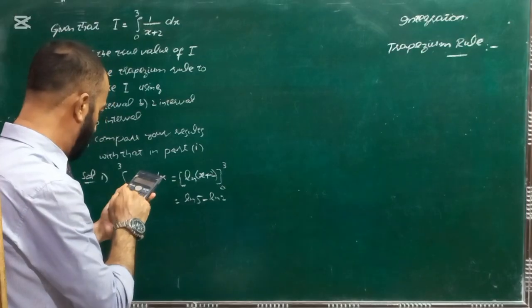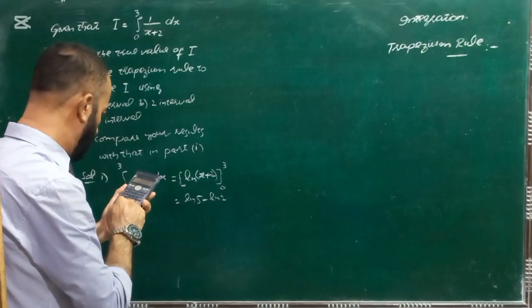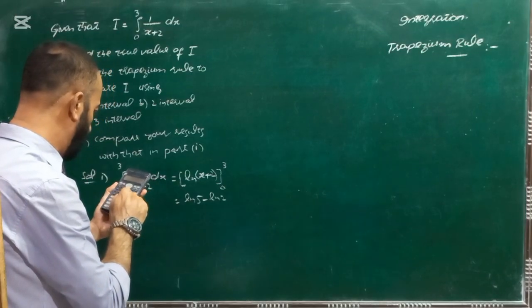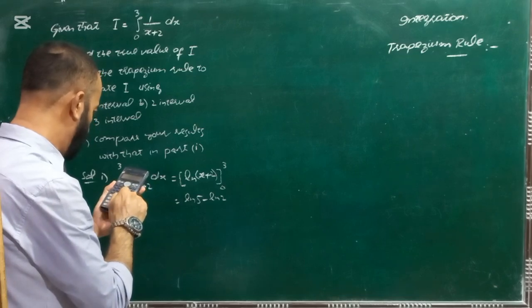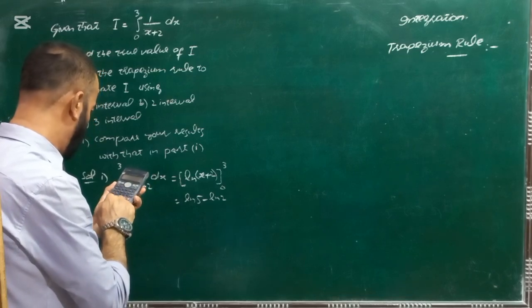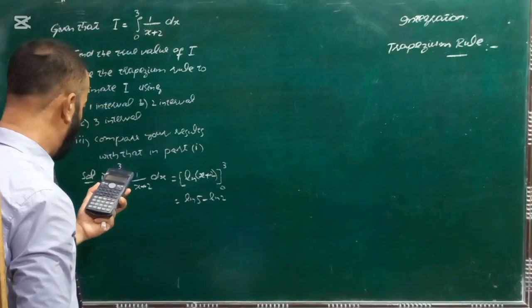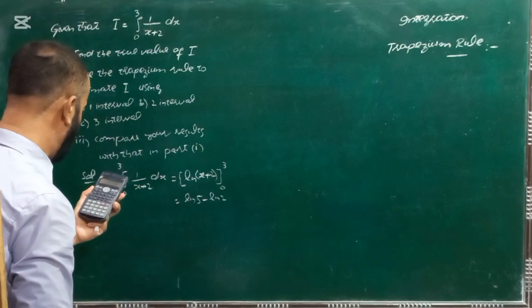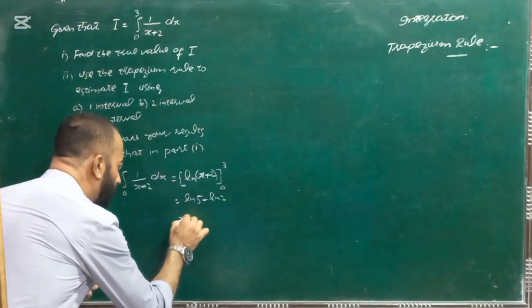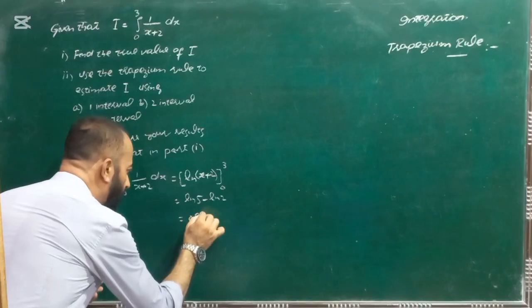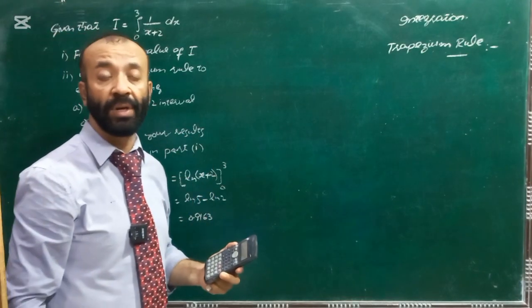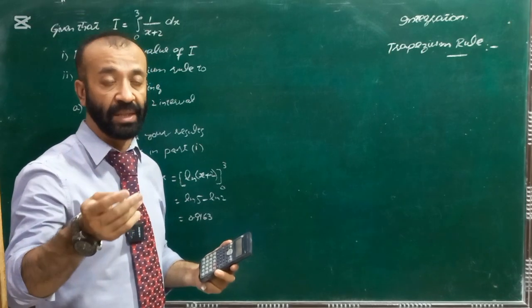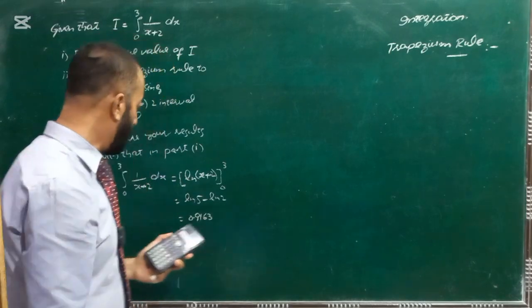Natural log of 5 minus natural log of 2. So the answer is 0.9163. So remember, in the trapezium rule, always give your answer up to 4 decimal places, rounded off.